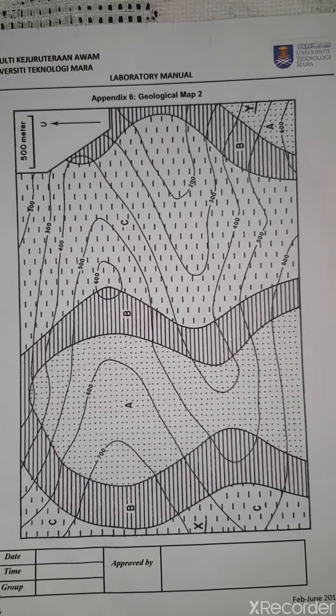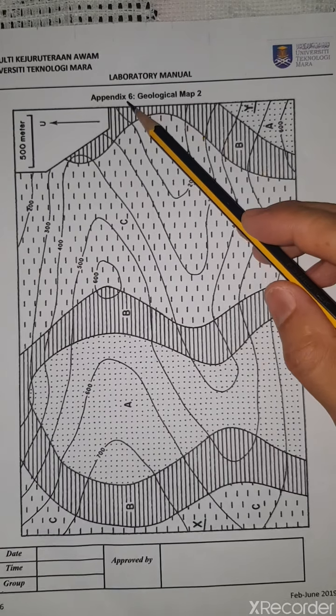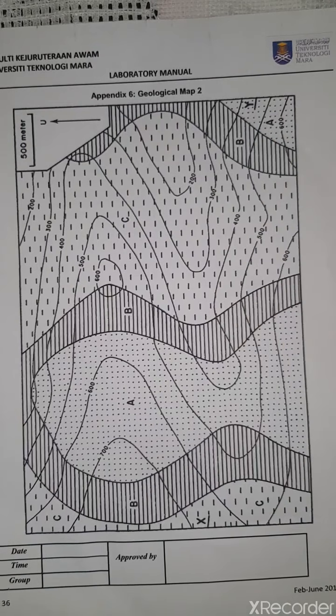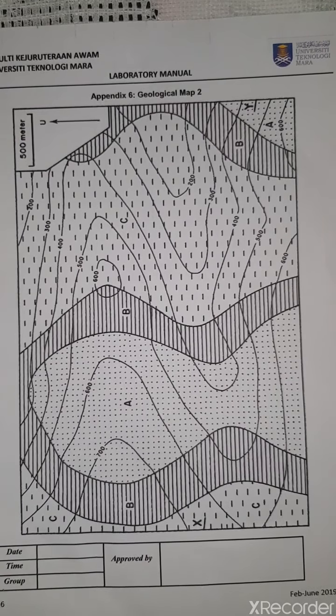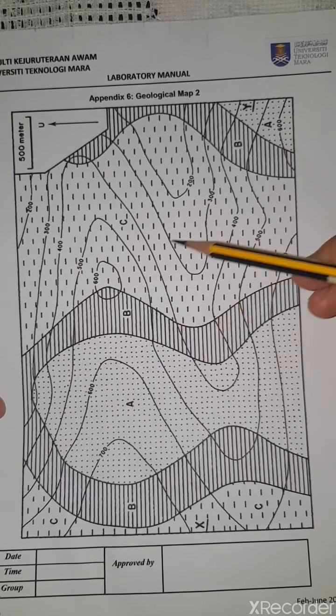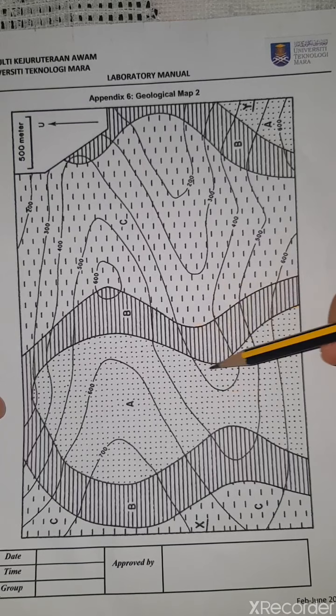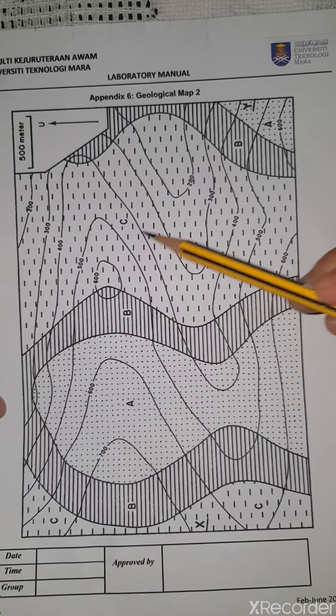If you can see here, this is Map 2. It is shown in Appendix 6. The first step you must do is complete the coloring of this Geological Map 2, just like the step in Map 1.